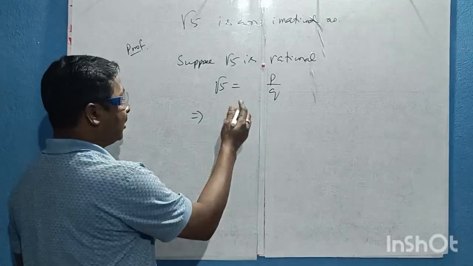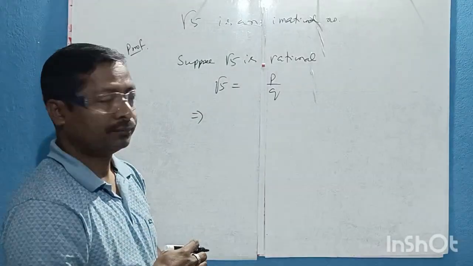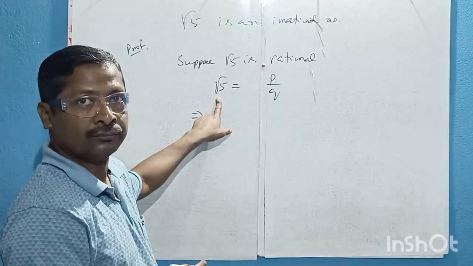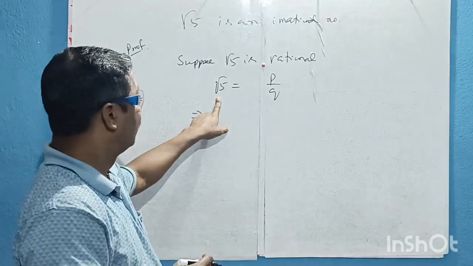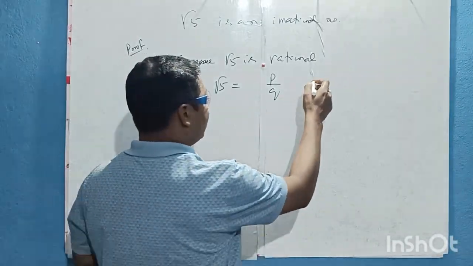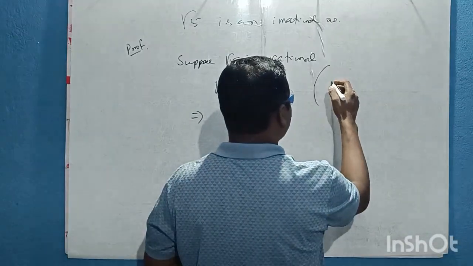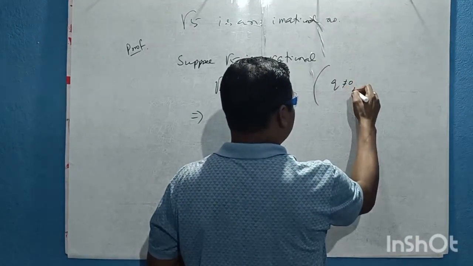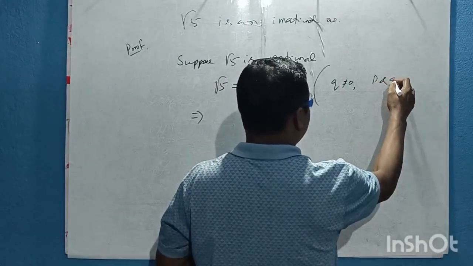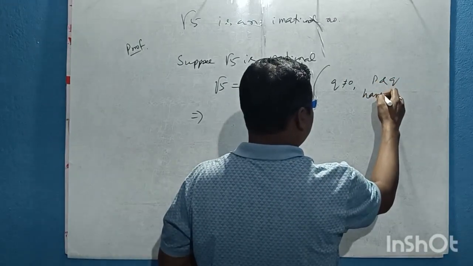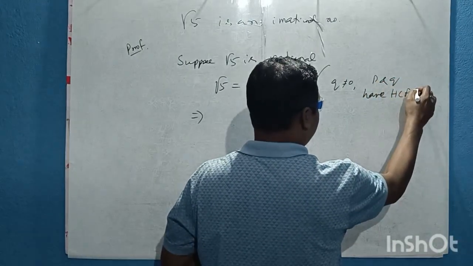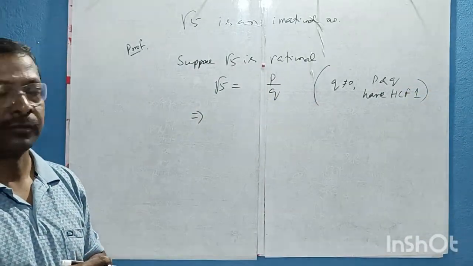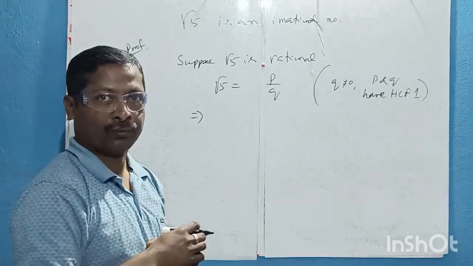Now make it square to remove the root, and this is the condition: q is not equal to 0, and p and q have HCF 1, meaning no common factor of both of them, p and q.